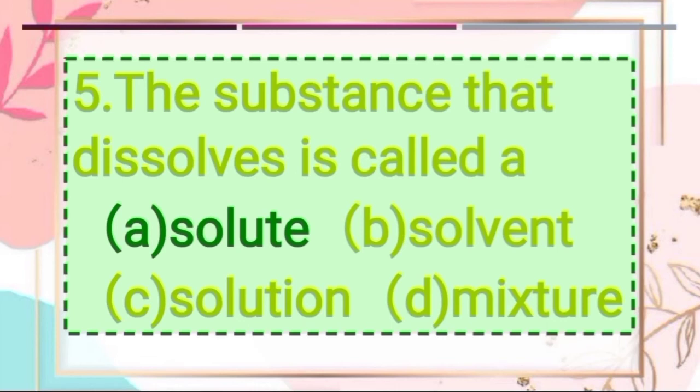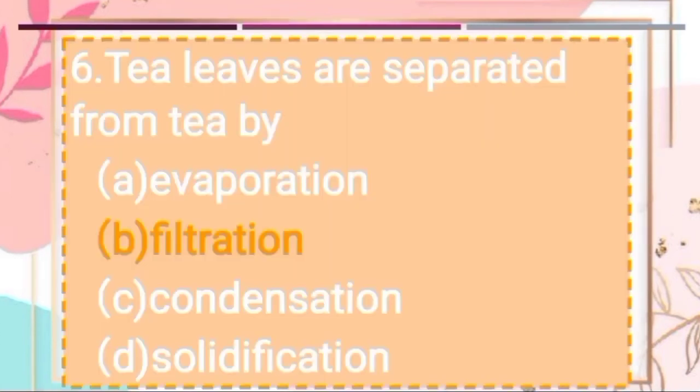Means the substance that dissolved is called solute. Tea leaves are separated from tea by, the answer is filtration, because in the separation of tea leaves from tea we use strainer, which is example of filtration.